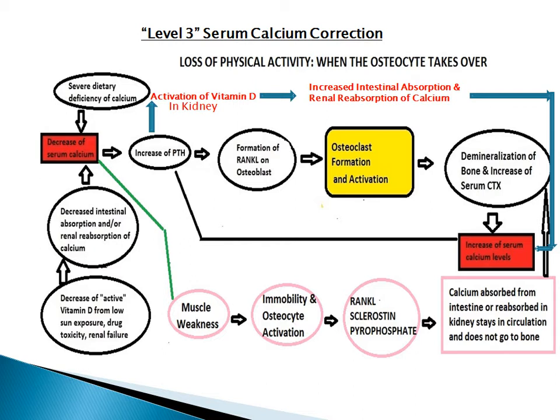The osteocytes take over, which we've reviewed in another lecture, but I'm going to mention it here as well. This happens where the sustained hypocalcemia leads to muscle weakness. So you can see on the very bottom there the pink circles.